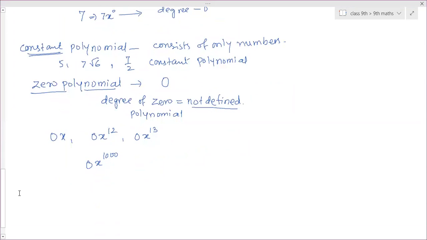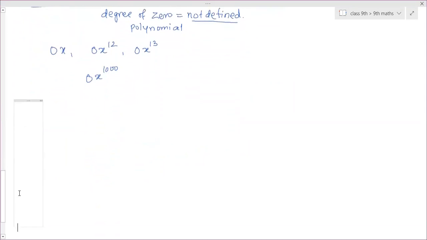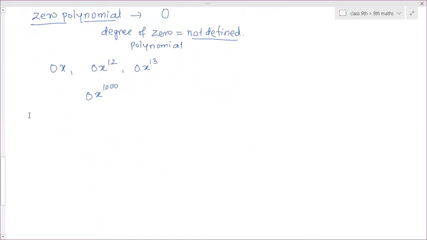Then we have to divide the types of polynomials according to the number of terms that you have learned last year. Now this year, according to the degree.